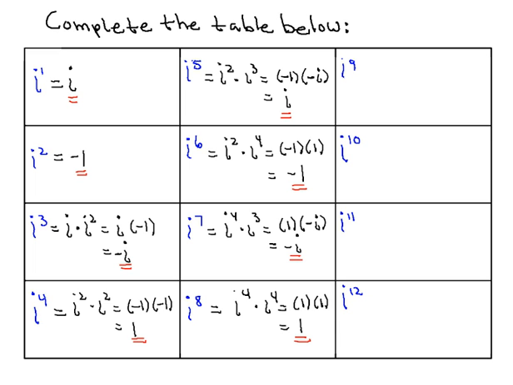So if we evaluate i to the ninth, we could think of that as being the product of, well, let's see here. Why don't we try i to the eighth times i to the first.